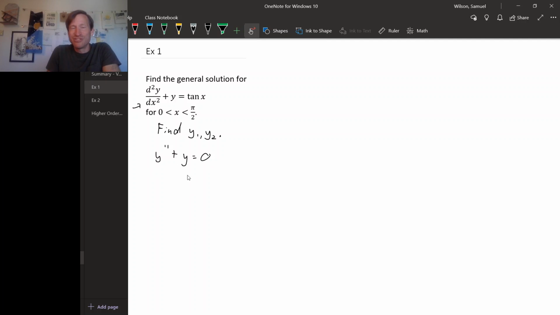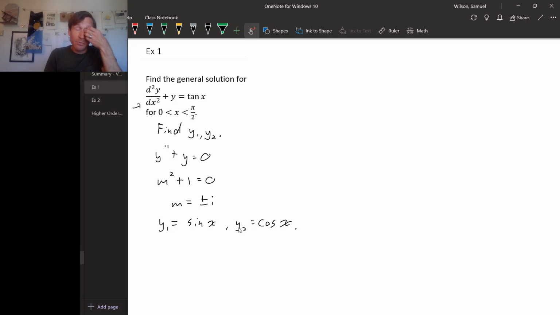You might know solutions to this right off the top of your head, but just in case you don't, the characteristic equation is m squared plus 1 equals 0. So we get m equals plus or minus i, and that means solutions for our fundamental set are sine x and cosine x.